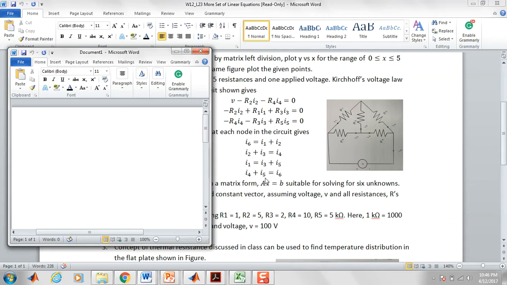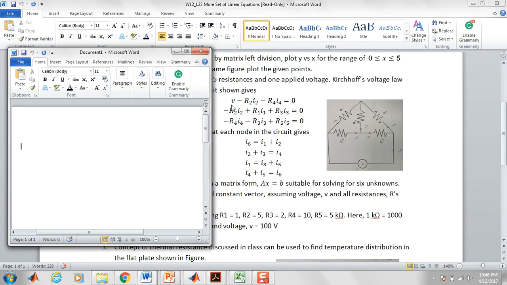So I wanted to make it in a way that I find 5 currents and I need 5 equations. So I will take the first 3 equations and then I will skip this equation where there is I6. Then I will have these 2 and those 3. So there will be a total of 5 equations, and only 5 unknowns, which are I1, I2, I3, I4 and I5.